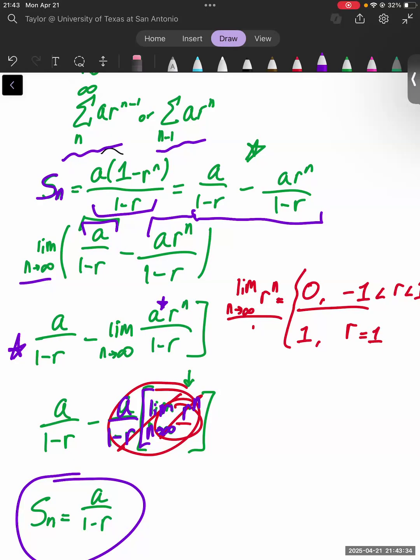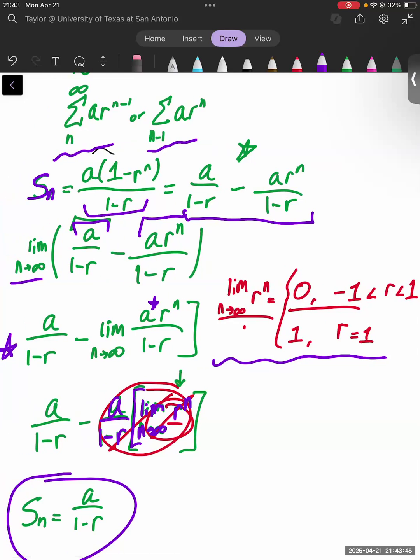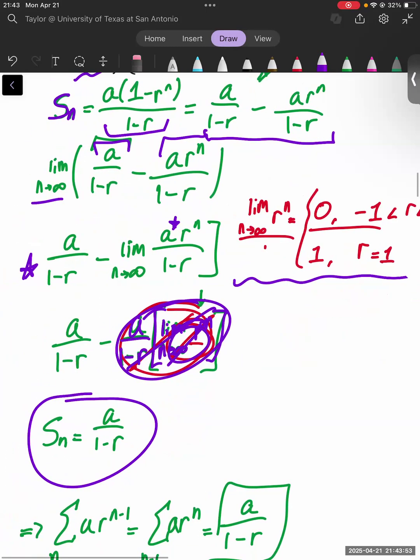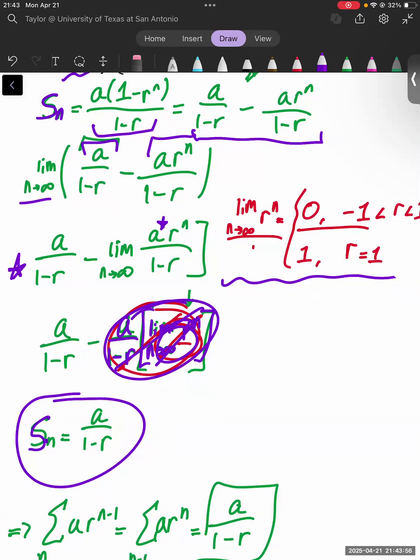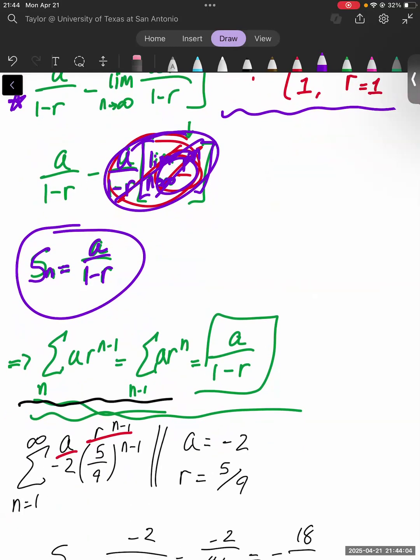Following this diagram here, we know that r^n equals 0, so then this whole side becomes 0, leaving us with just S_n equals a over 1 minus r. So what this means is in order to determine convergence, all we need is a over 1 minus r.